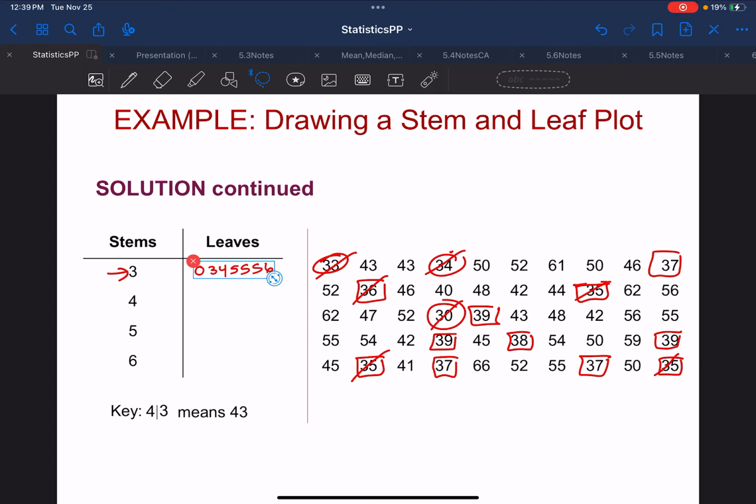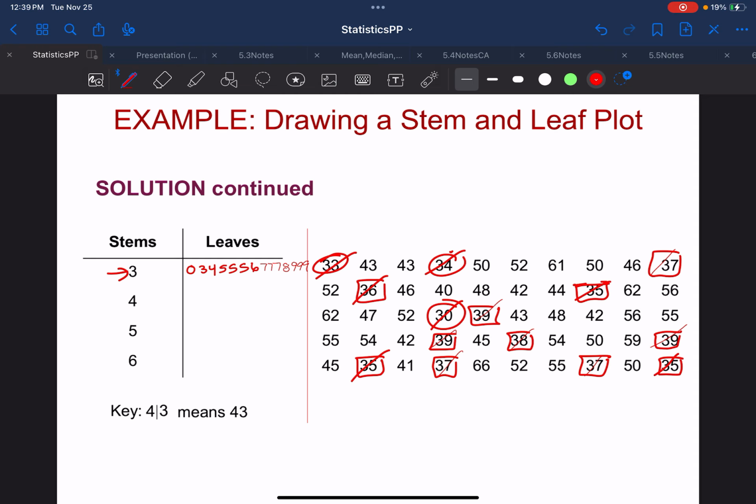Making this a little smaller to make me some more room. And then I see 1, 2, 3 37. So I would have 3 7s. 1 38, so 1 8, and then 2, 3 39s, so 3 9s.